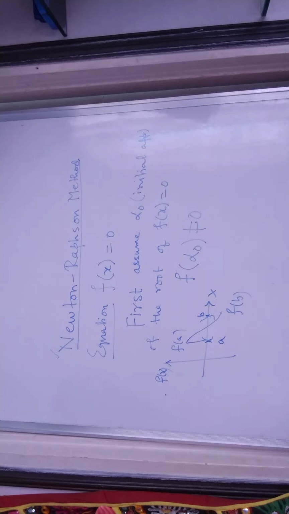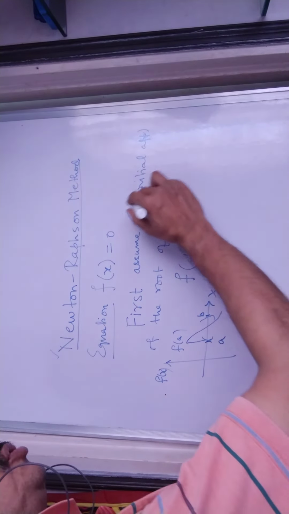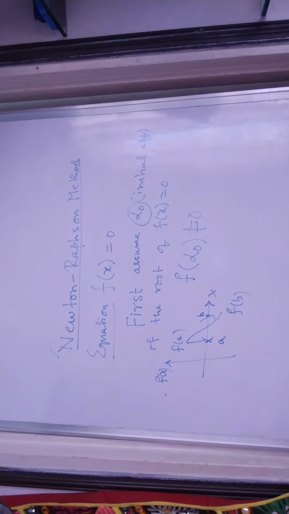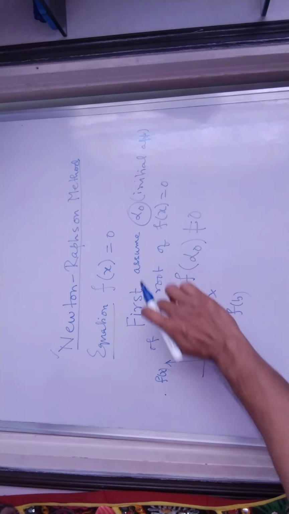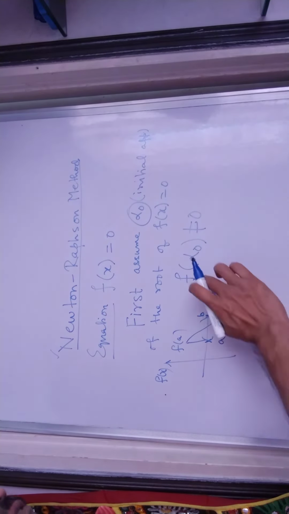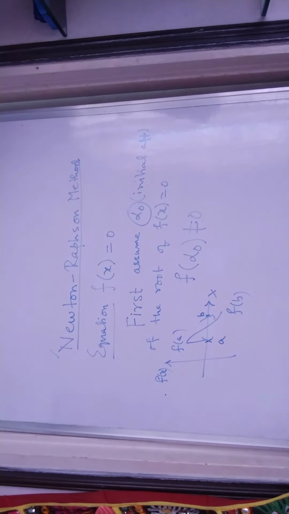Now by inspection we find this value of alpha naught, which gives an initial approximation of the root of the equation. So alpha naught is not equal to 0, this we all should bear in mind. This is the first approximation or initial approximation of the root of this equation f(x) equal to 0.